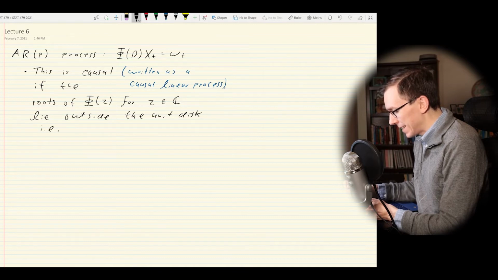That is, the magnitude of all of the roots, let's say R_i, is going to be greater than 1. This is for all i.